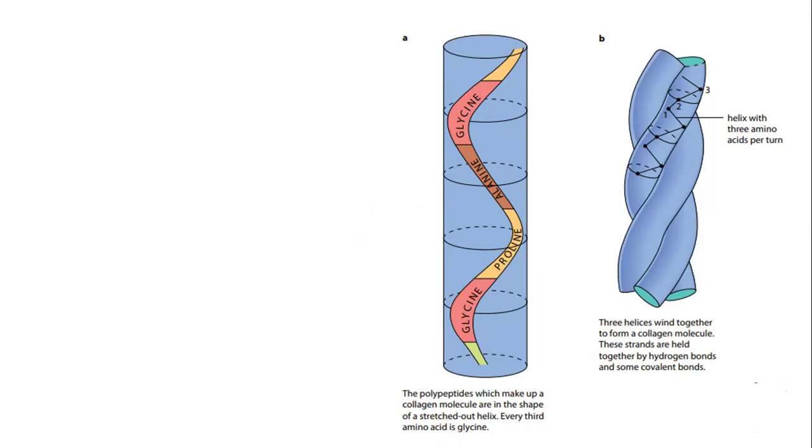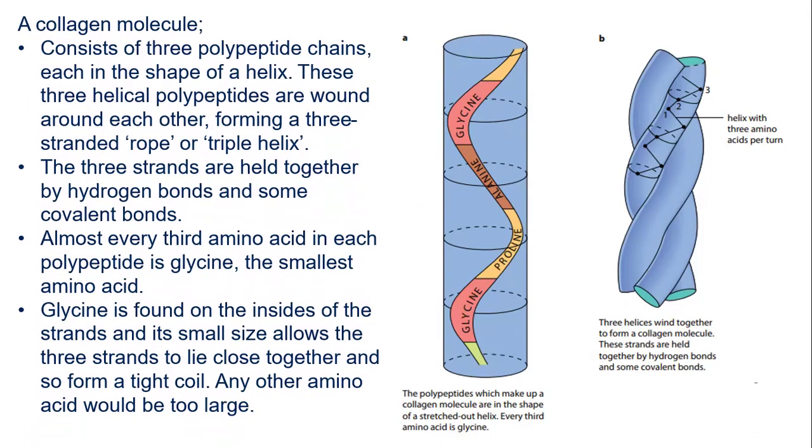3 polypeptides. So that is it about a collagen molecule. Remember that a collagen molecule has 3 polypeptide chains. Each chain is in shape of a helix. We have seen that 3 polypeptide chains are wound around each other, forming a triple helix, which is like a 3-stranded rope. At the same time, the 3 strands are held together by hydrogen bonds and covalent bonds.